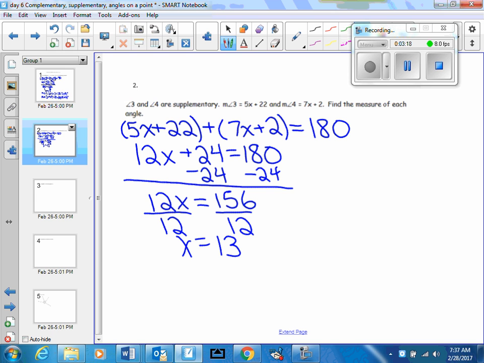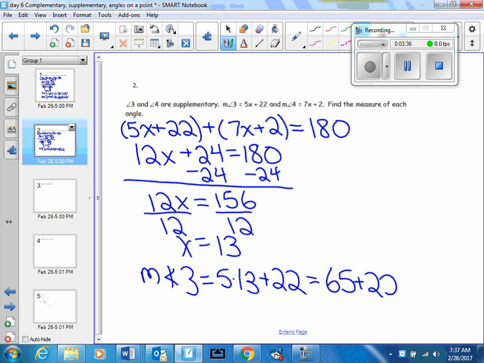So now I have to find the measure of each angle using x being 13. The measure of angle 3 is 5 times 13 plus 22. So when I do that, I get 65 plus 22, which is 87 degrees.